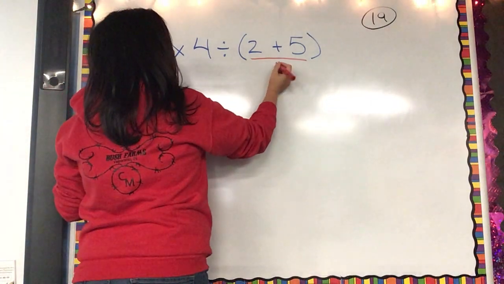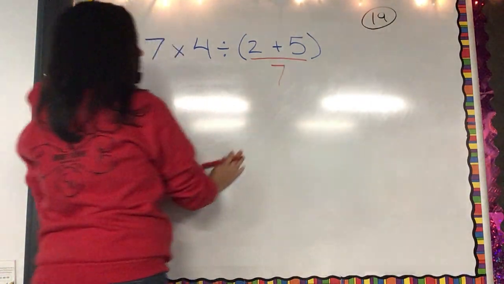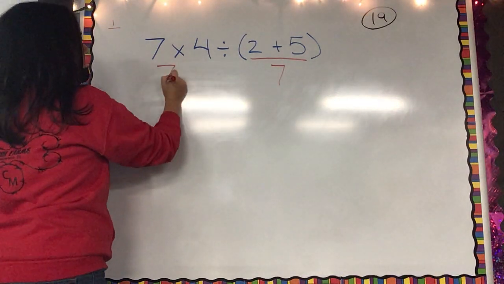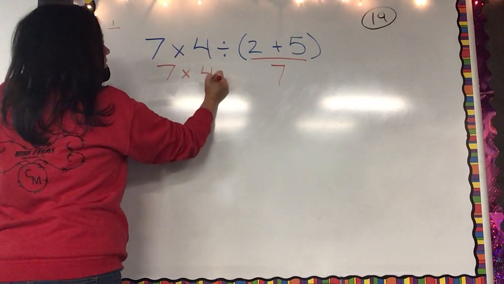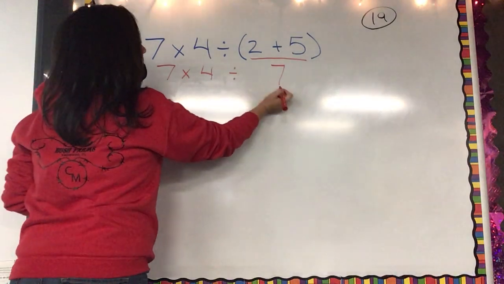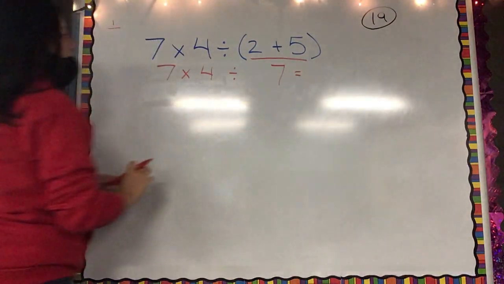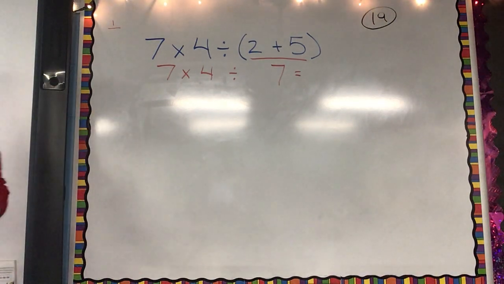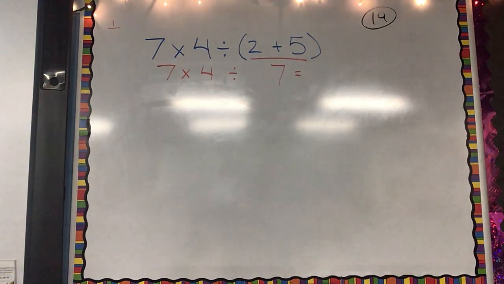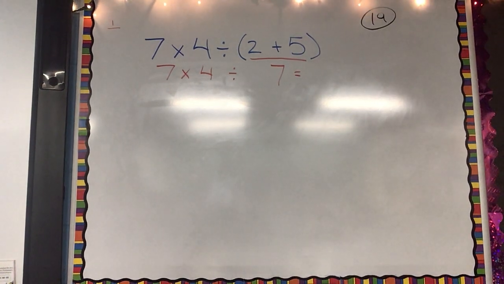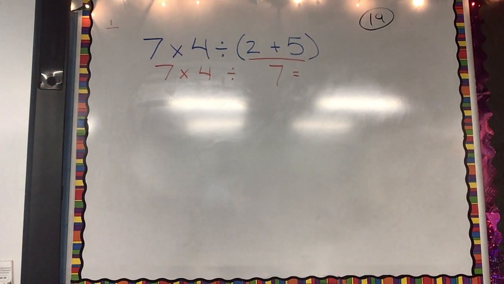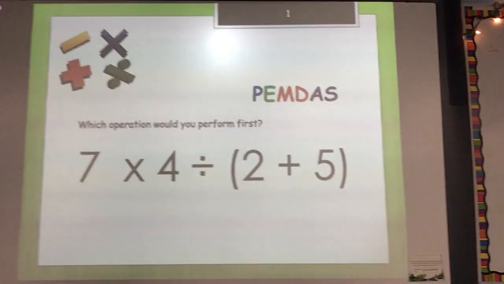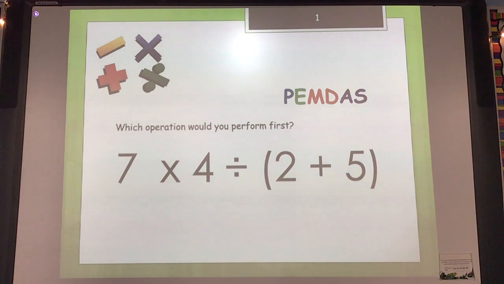What is 2 plus 5? 7. Now I want you to bring down the rest of your problem. So we have 7 times 4 divided by 7. Okay, and then stop there. So you are only doing one step per line. One step per line. We are not going to try and do multiple steps at once. All right, let's come over here.